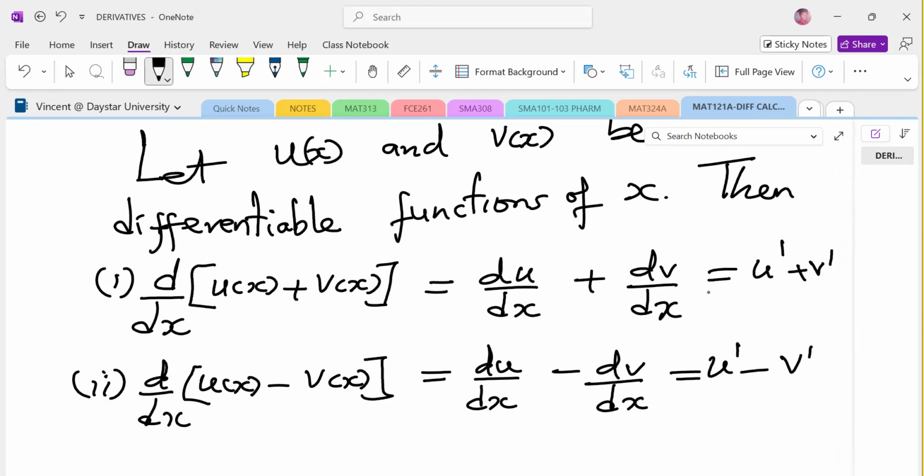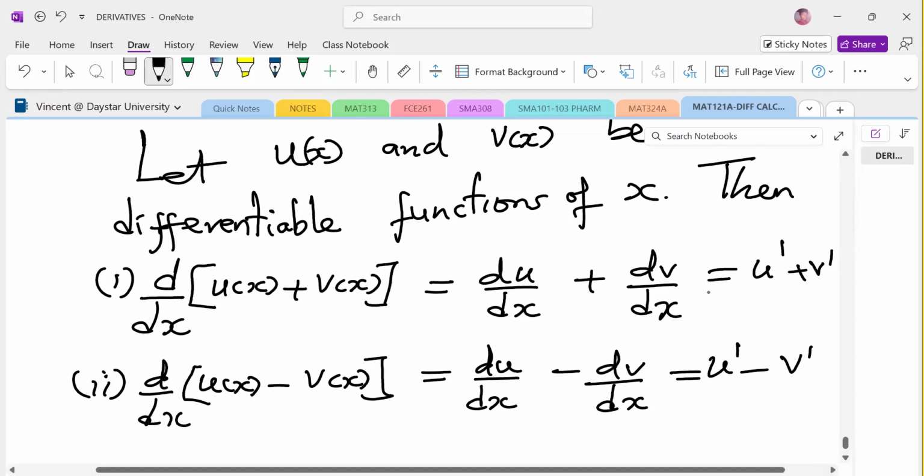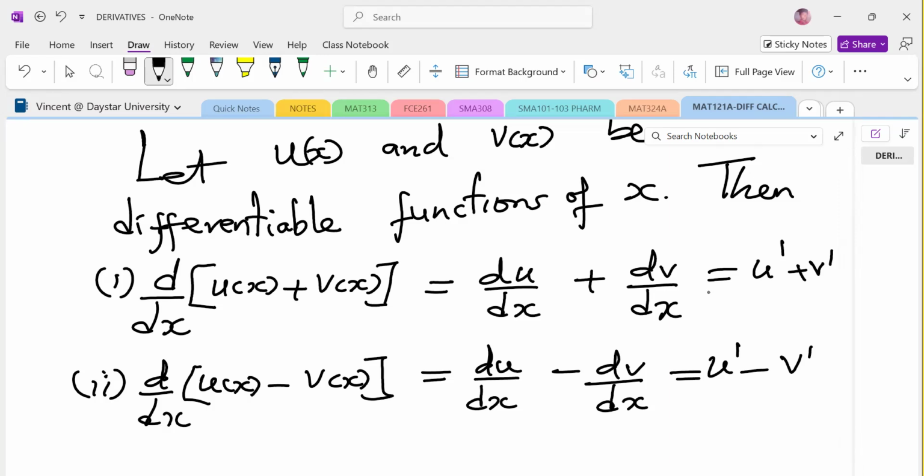So it's very direct that the derivative of the sum of two functions is the same as the sum of the derivatives of the respective functions. Similarly, the derivative of the difference of two functions is the same as the difference of the derivatives of the respective functions.